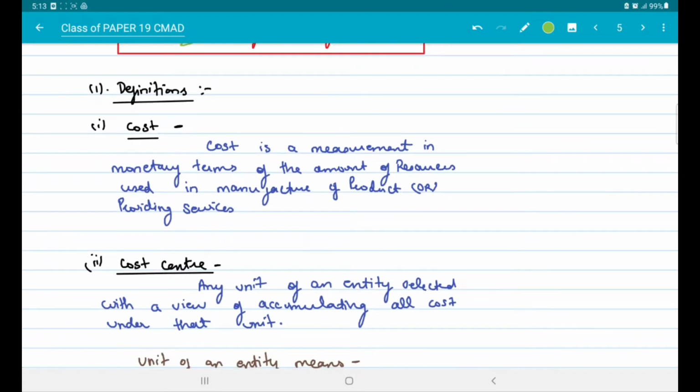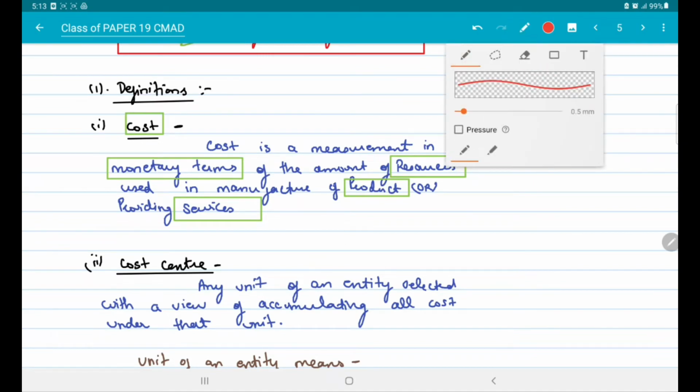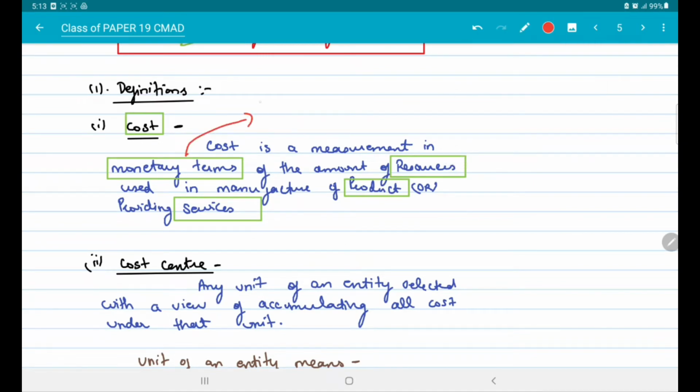Definition of cost: cost is a measurement in monetary terms of the amount of resources used in the manufacture of a product or services. Monetary terms means money, anything in money.